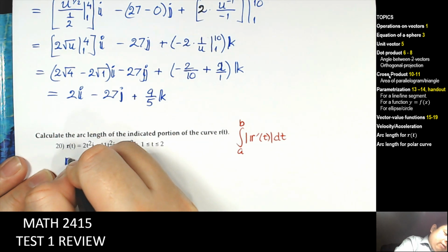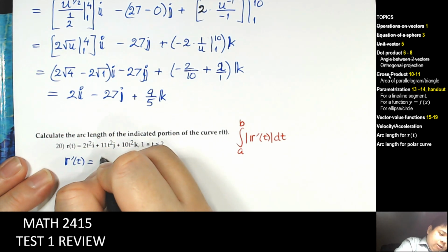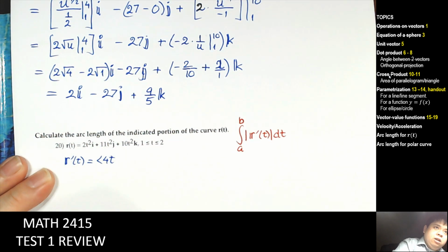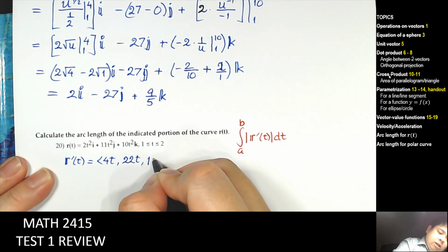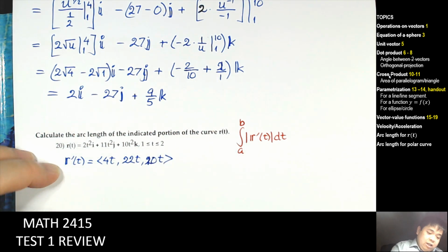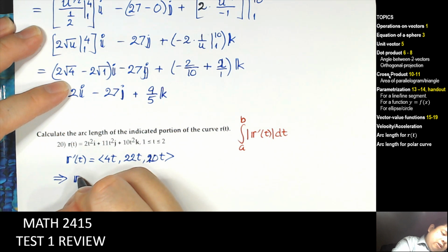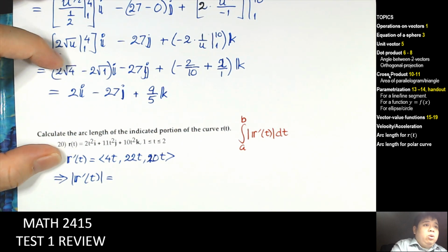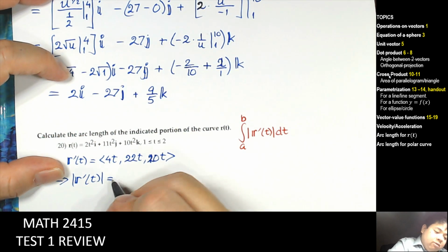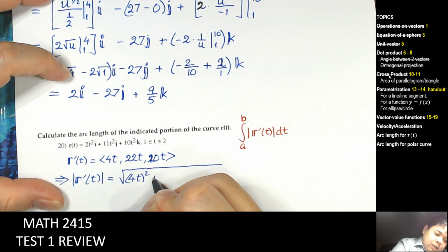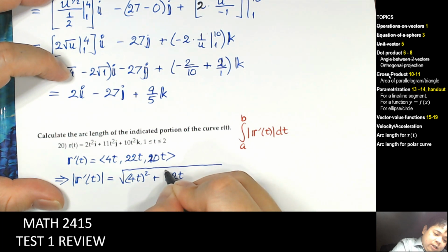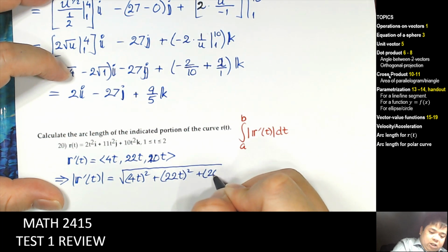So the derivative gives us 4t, 22t, and 20t, and then the magnitude. So derivative, then find the magnitude of that vector: 4t squared, 22t squared, and 20t squared.